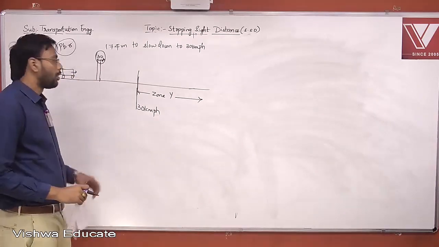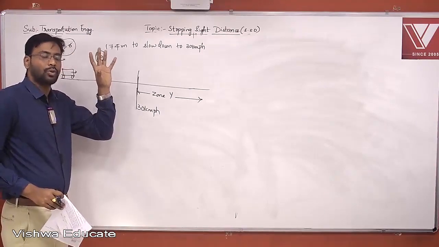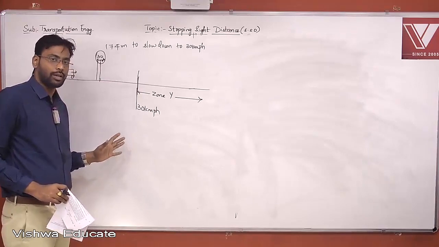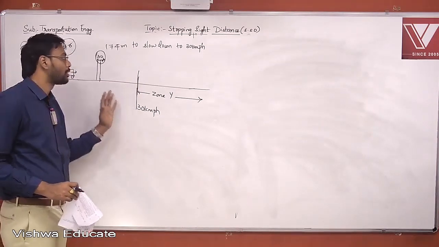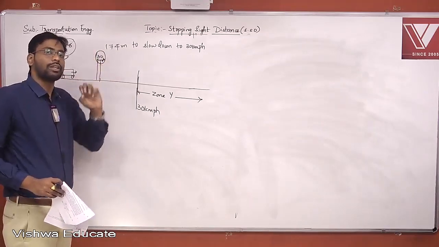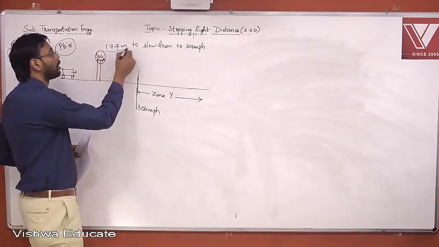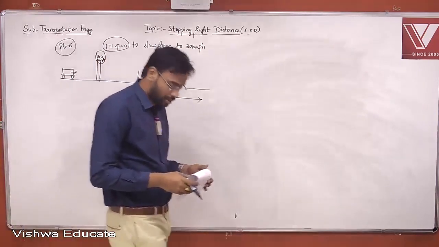First I need to see that signboard, then react, apply my brake, and slow down my vehicle to 30 kmph before the start of zone Y. For all these things to happen, I require 174 meters. That is what it means, right?